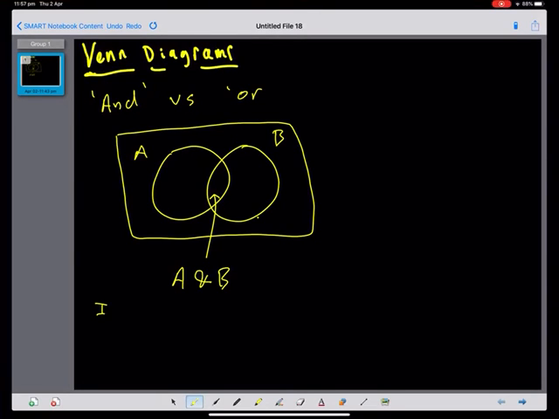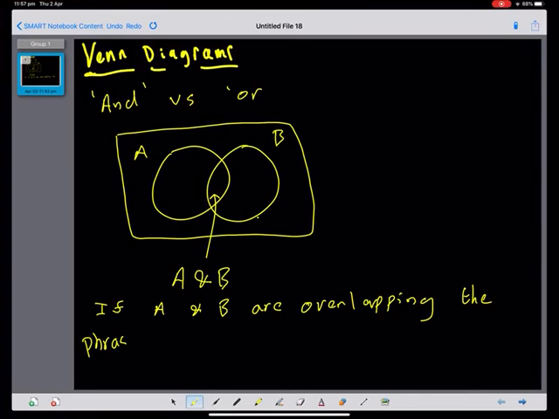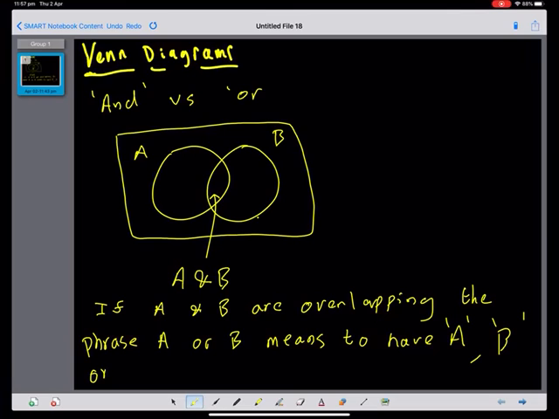So we can write, if A and B are overlapping, the phrase A or B means to have A, B, or both.